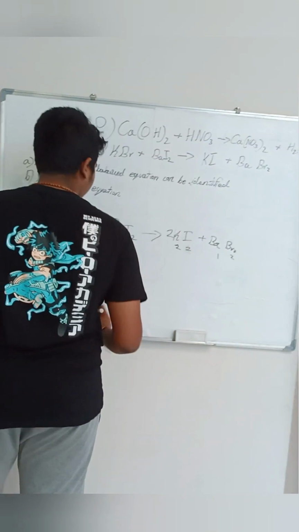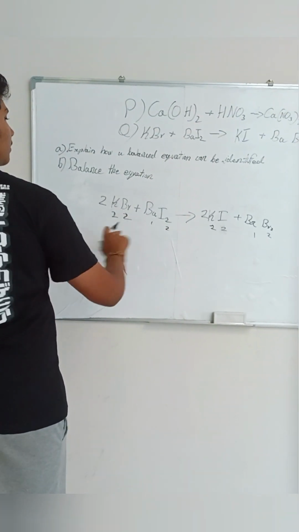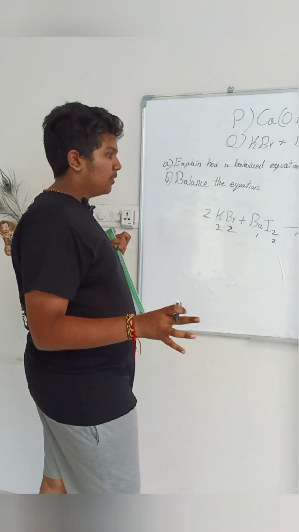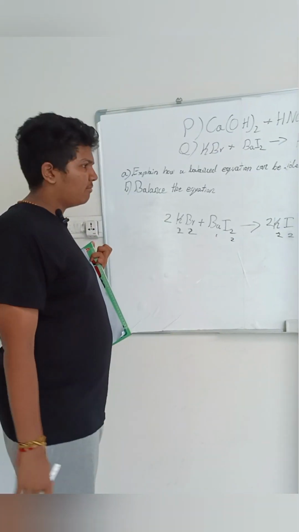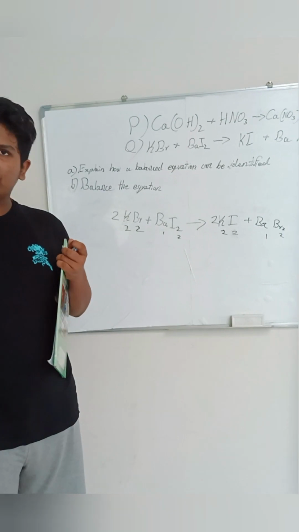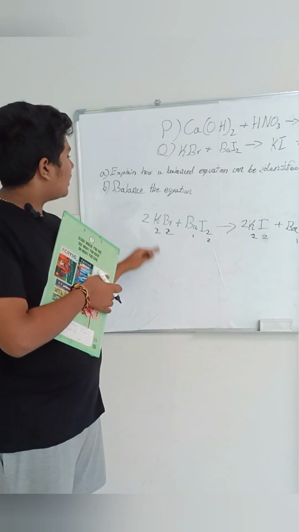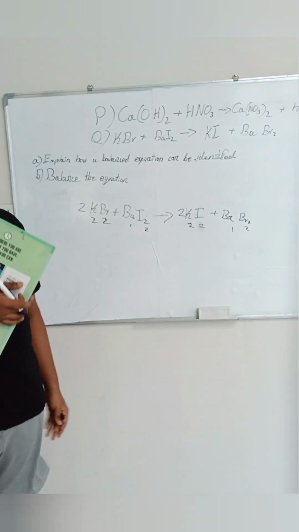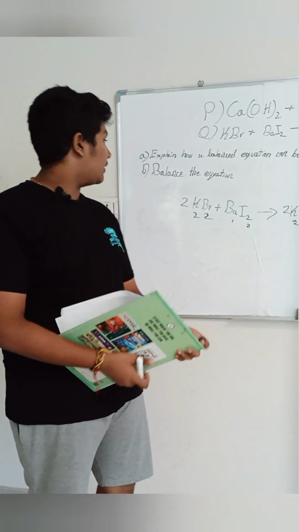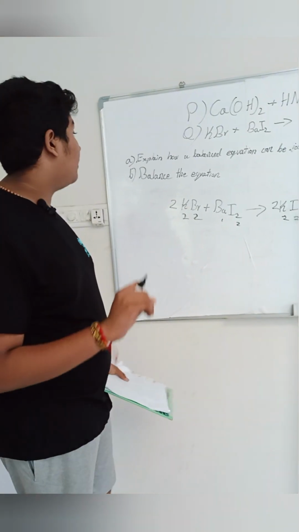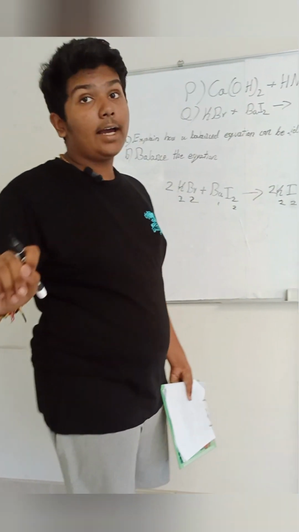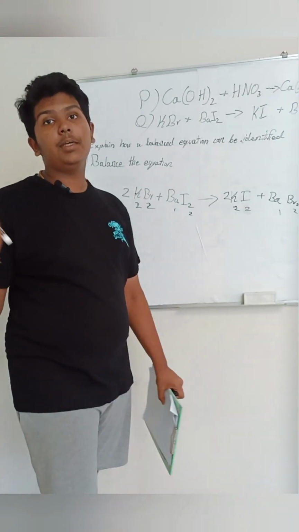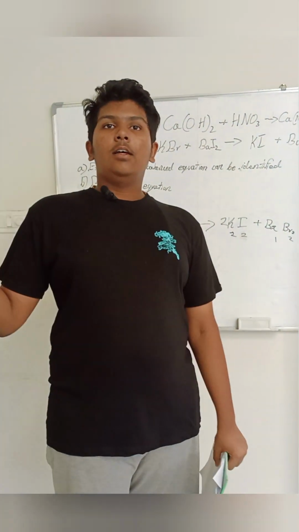Hence these two are balanced. Here also is balanced. Anything else you have to balance? No, no. K is balanced, Br is balanced, Ba is balanced, I is balanced. So the answer is 2KBr plus BaI2 gives 2KI plus BaBr2. Thank you.